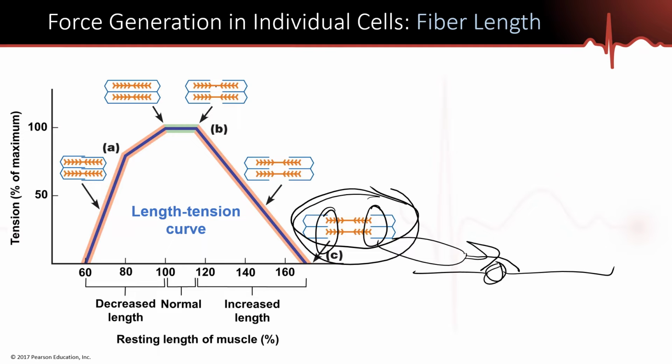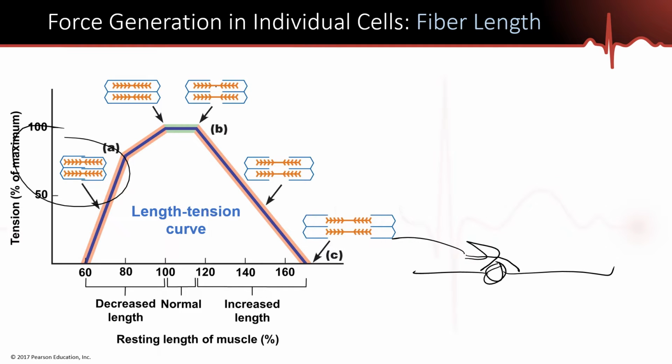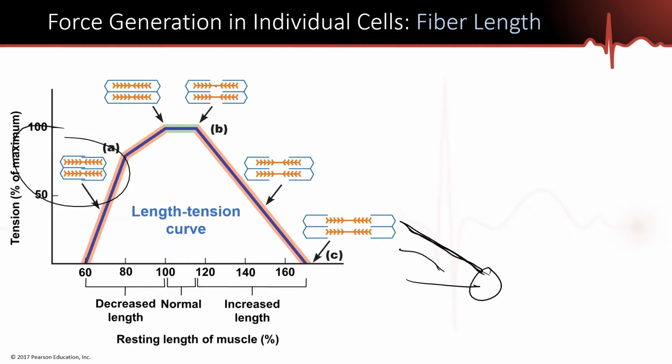So now take your elbow and go into extreme elbow flexion. Flex your elbow as much as you possibly can, right? In that case, here again is our stick figure. Okay, we're going to have a very bunched up biceps muscle here.